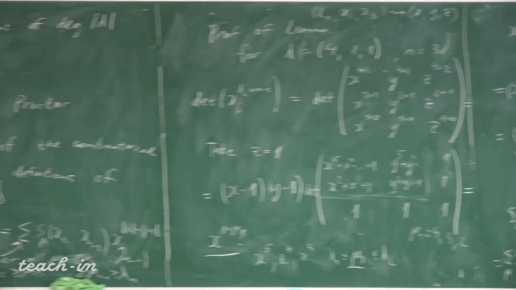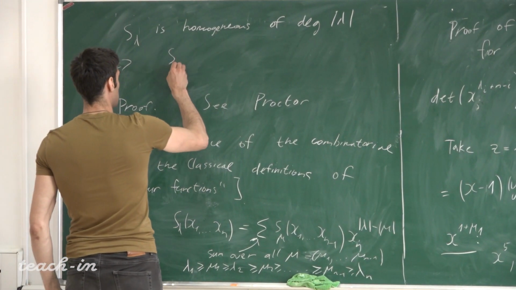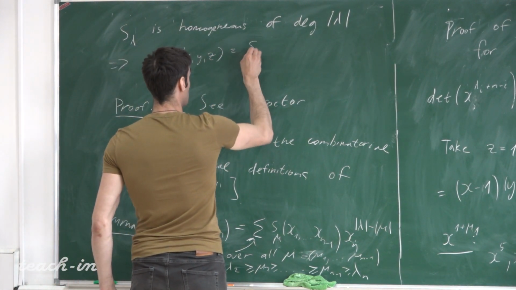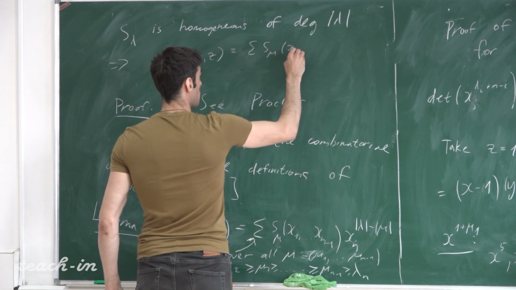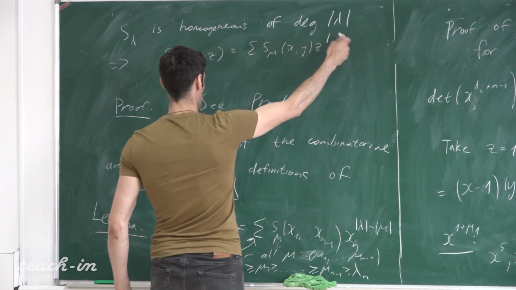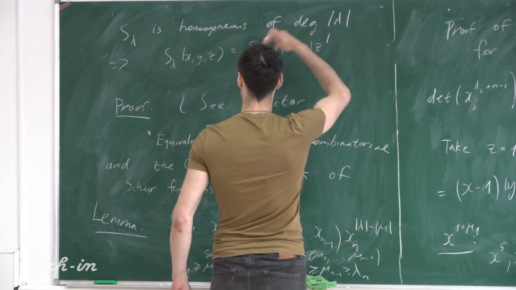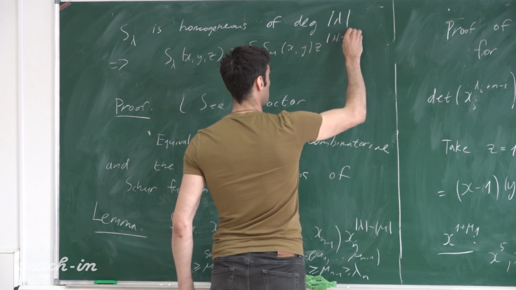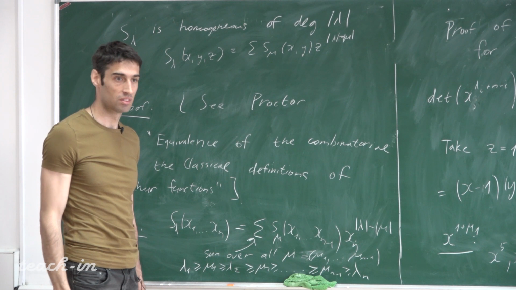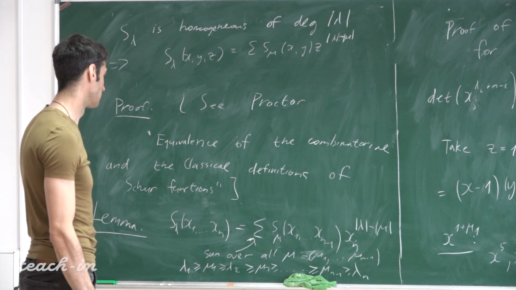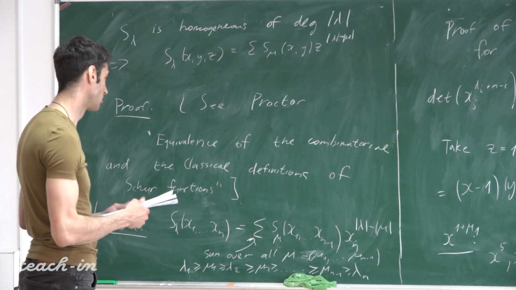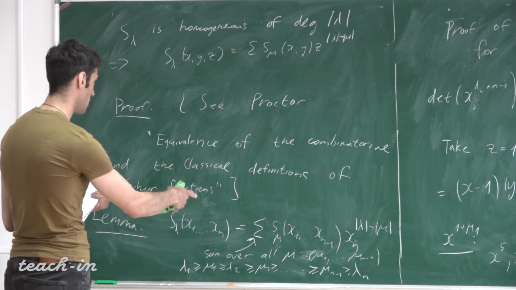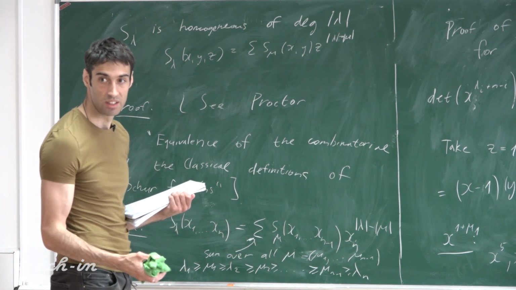So therefore, we finish the proof by saying that for S mu of x, y, and z we should add to get the degree that we have in here, lambda minus mu. And that's exactly what it is here. All right. So next step is how to obtain the formula for S lambda using this.